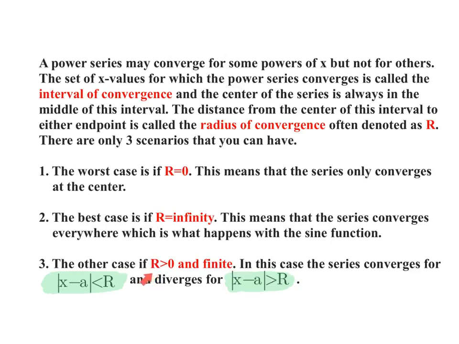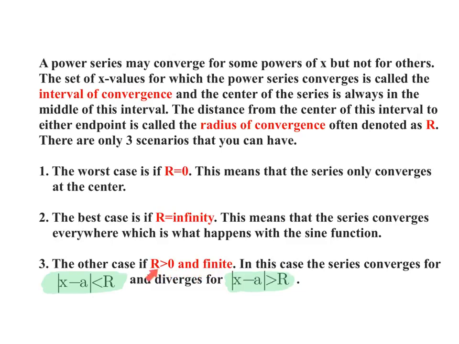These are going to converge everywhere when we refer to this as a series. And then the other scenario, if r does not equal 0 and r does not equal infinity, then r is going to be greater than 0, and it is going to be a finite number.